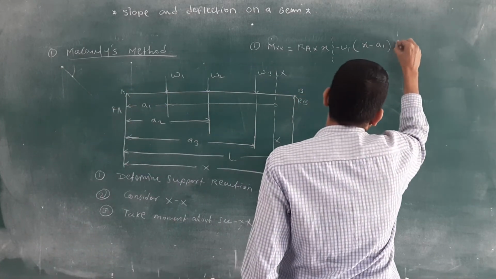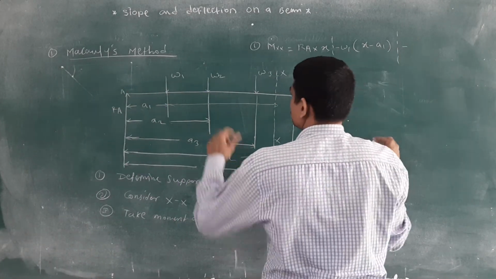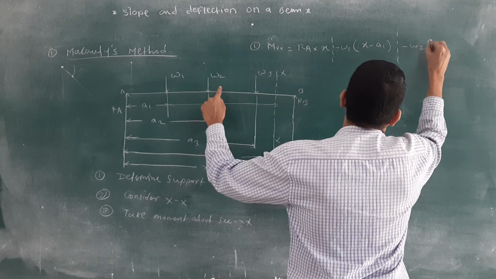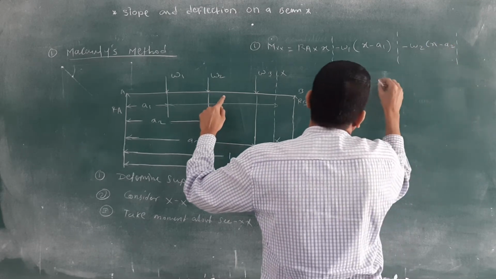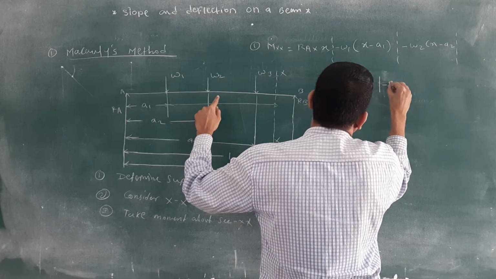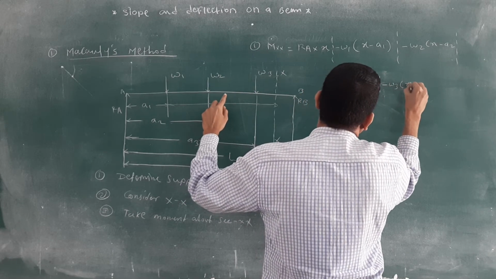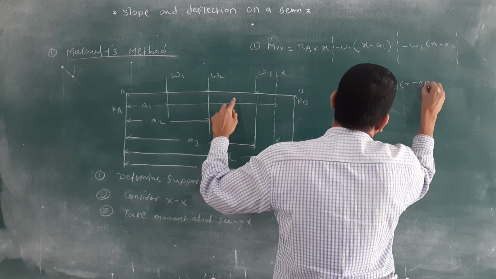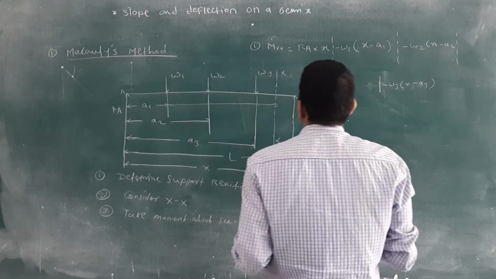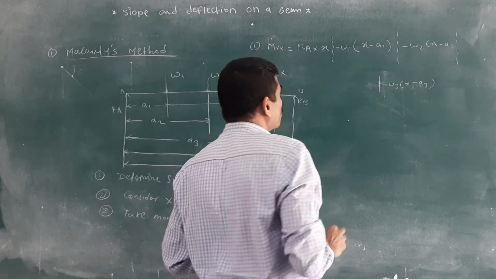Then the second compartment, again minus W2 into X minus A2, and the third compartment minus W3 into X minus A3.